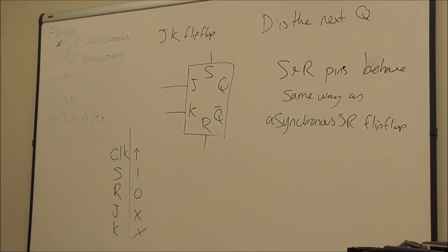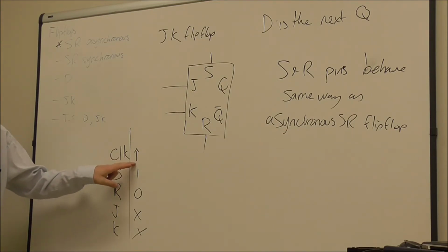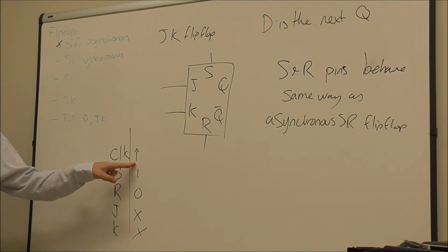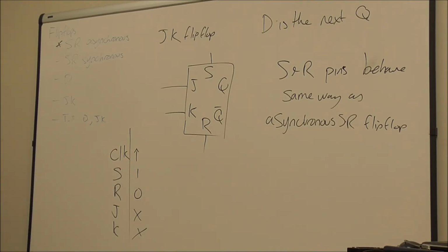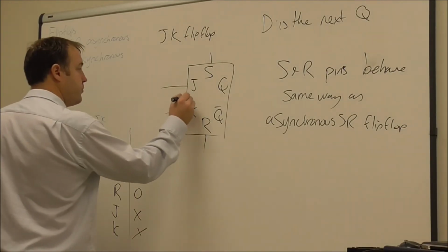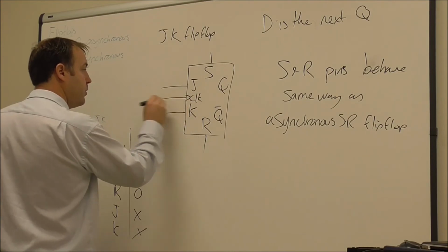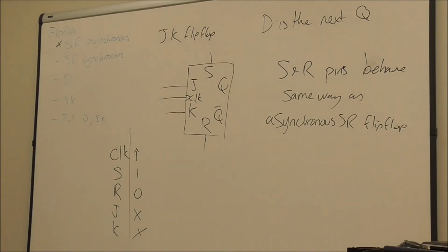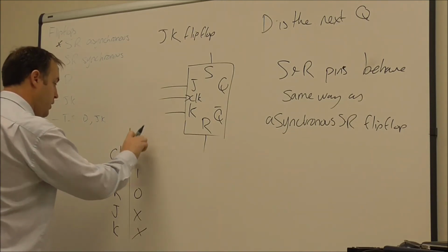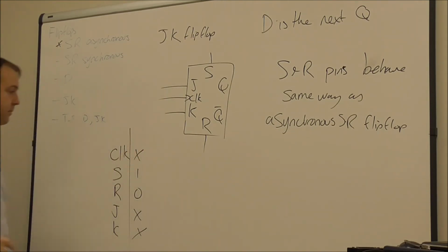Okay, and instead of a timing diagram, we're going to use a truth table. Now, in this case, I'm showing that as being a rising edge there. So if I'm drawing an arrow going up, that means a rising edge. Draw the clock pin. Okay. In this case, sorry, that means don't care.